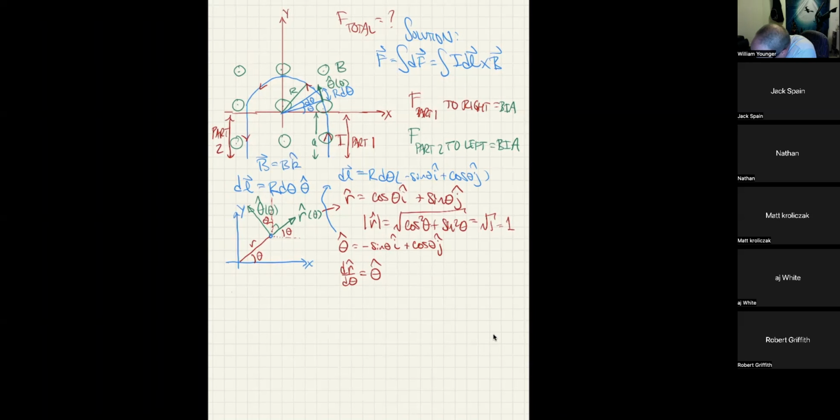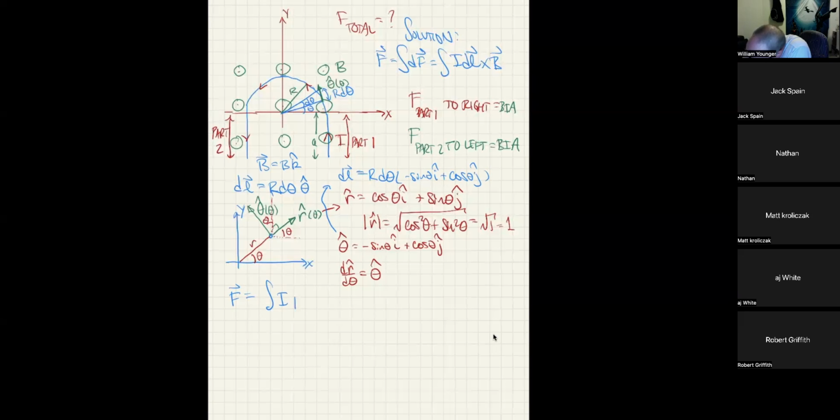So now I can say F is equal to the integral of I, the current, times r. Actually, let's back up.